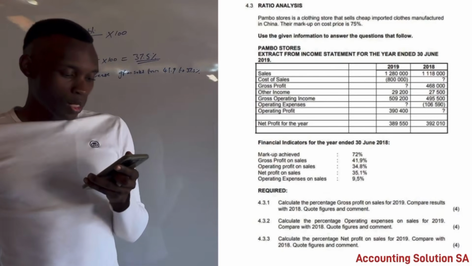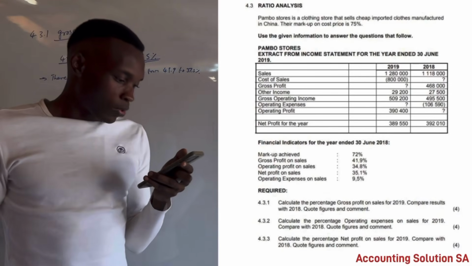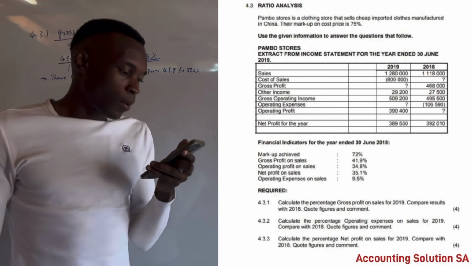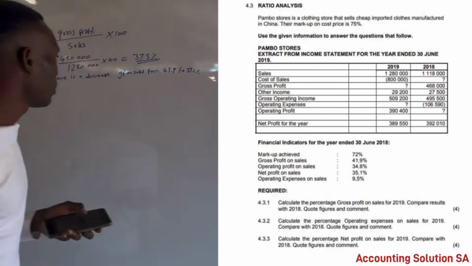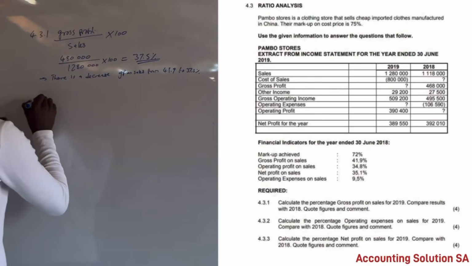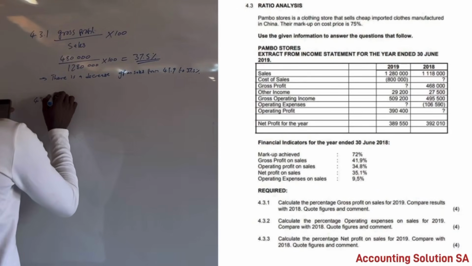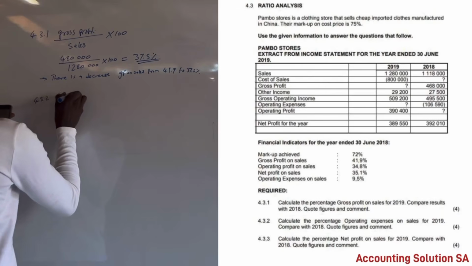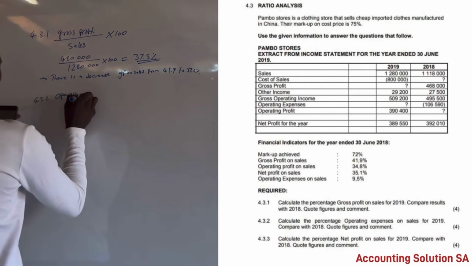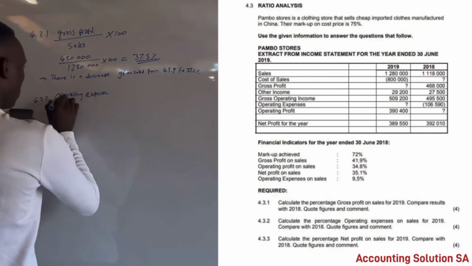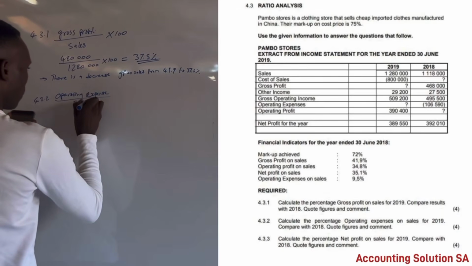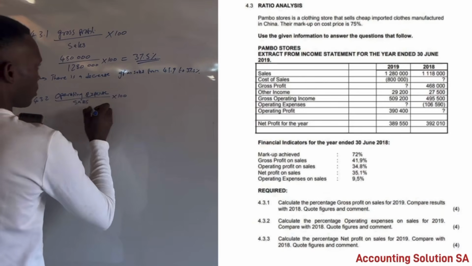Okay, the next one, they said that we have to calculate percentage operating expense on sales. 4.3.2, operating expense divided by sales. Then we multiply by 100.